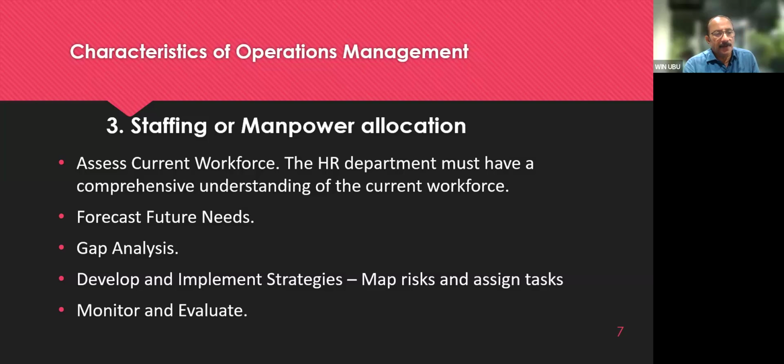They would have forecasted, because normally in all companies the HR department will forecast attrition. That means they would have calculated an attrition level. In every industry there is a particular percentage.